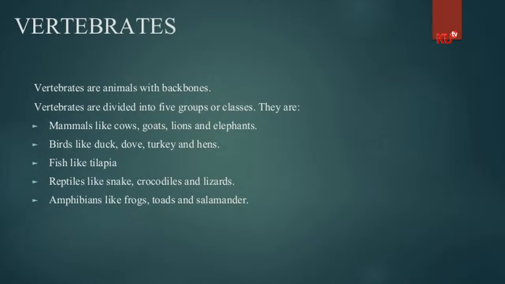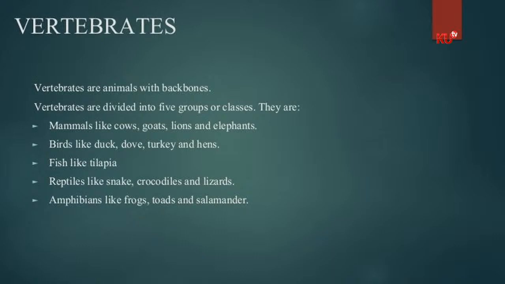Those are examples of birds. Category number 3 of vertebrates, as we learned in grade 5, is the fish. And examples of fish, we have tilapia and many others like trouts, which are commonly known as omena. We have others like mudfish.